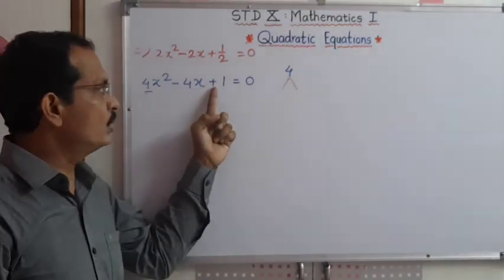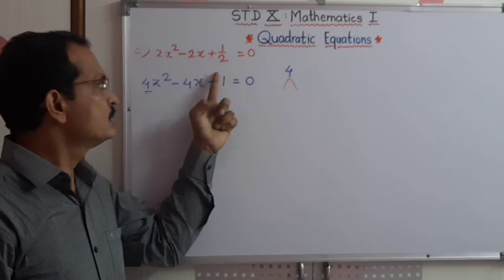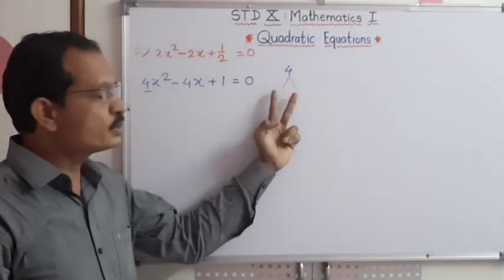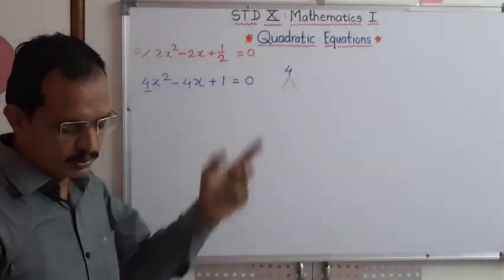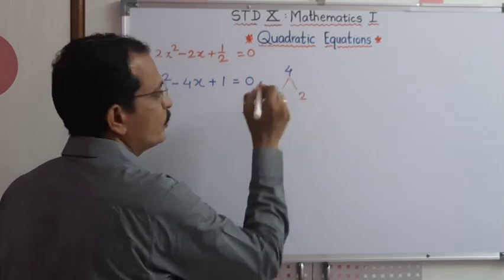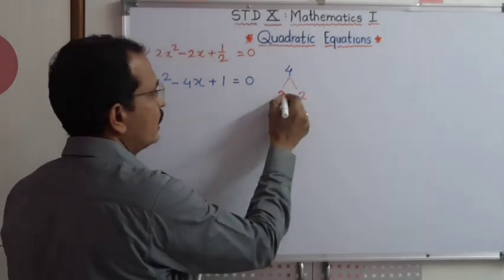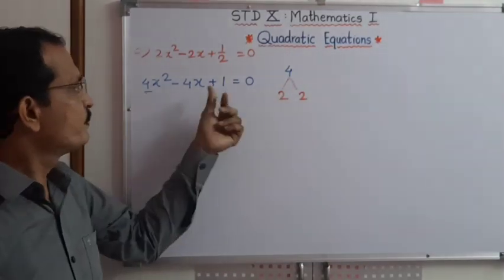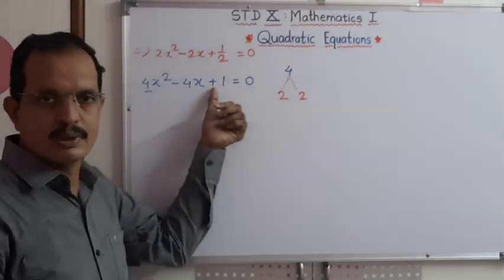See here again the rule. The constant term is plus, so we have to find the factors whose addition should be 4. All of you know that it is 2 and 2. 2 twos are 4 and 2 plus 2 is equal to 4. Now see the sign. The sign of the constant term is plus.